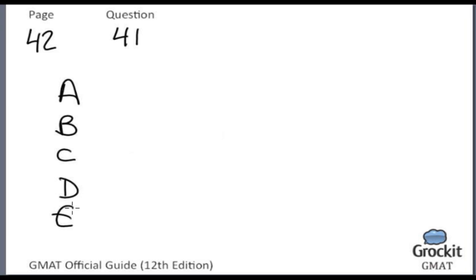The first thing we should say to ourselves when we read this one is that clearly there's some kind of list here. We have in the ending the standardization of weights. Within the underlined portion, we have the use of inscribed seals, which suggests that we're dealing with a list, and lists on the GMAT need to be parallel in construction to whatever degree is possible.